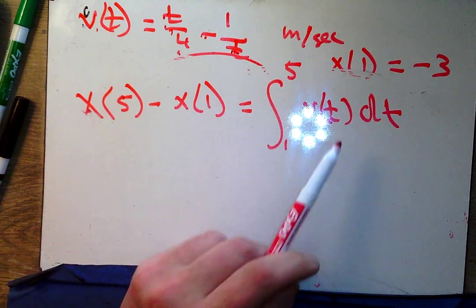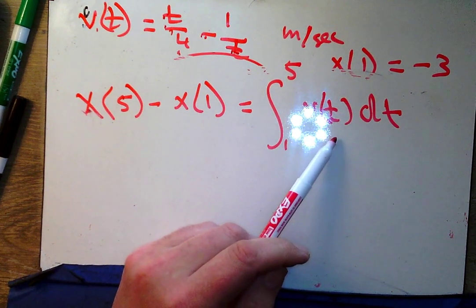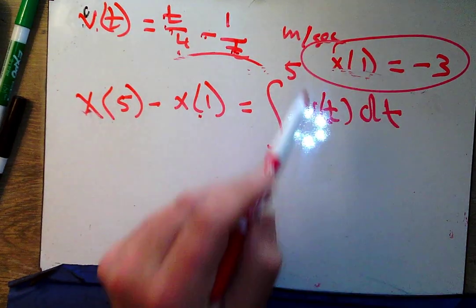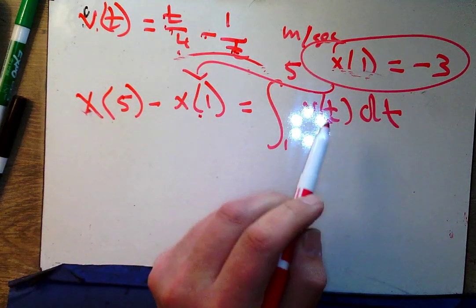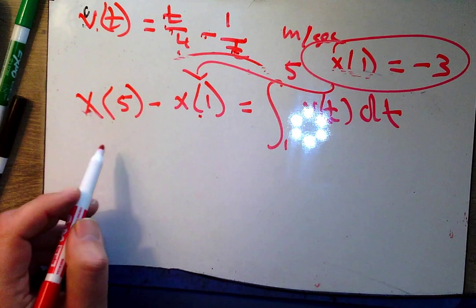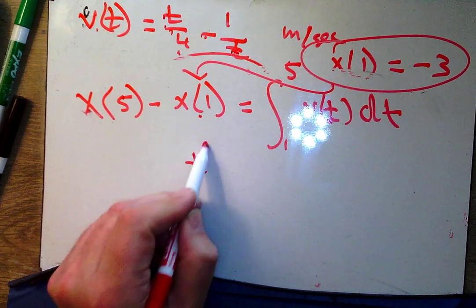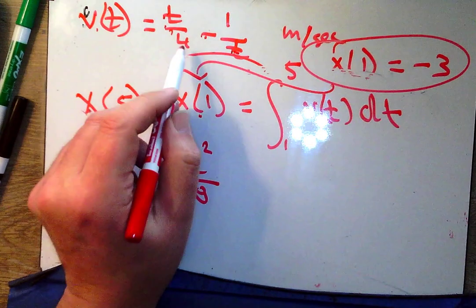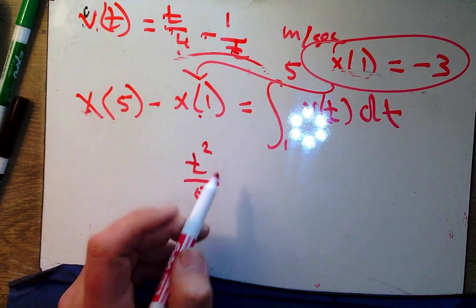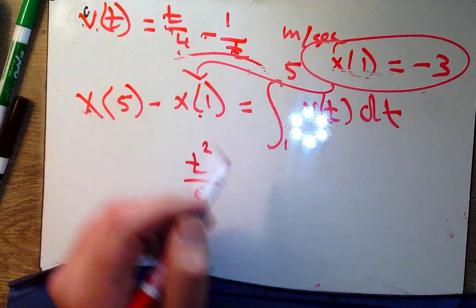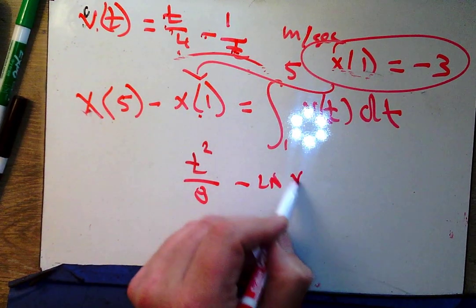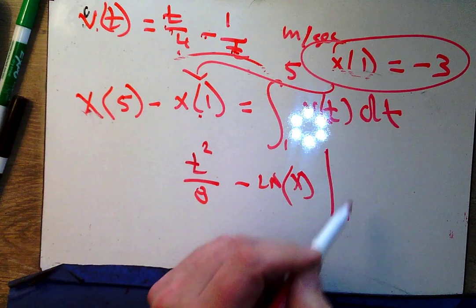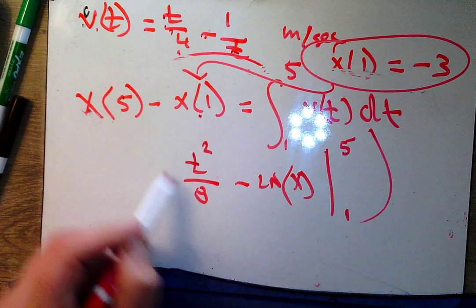Which means I need to evaluate this. Okay, so what's my antiderivative here? The antiderivative would be t squared over 8, because when I bring that down, there would be some cancelling, and I'd be left with that. And whose derivative are you? You are ln's derivative.